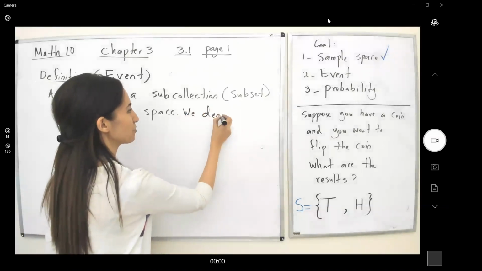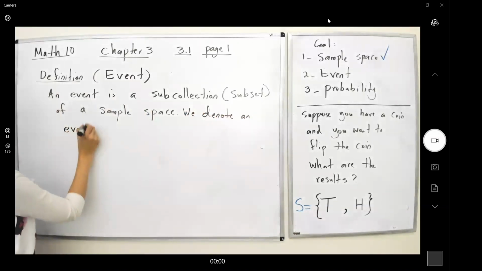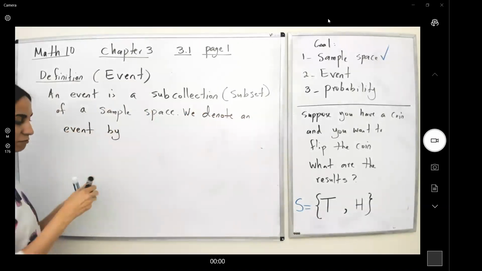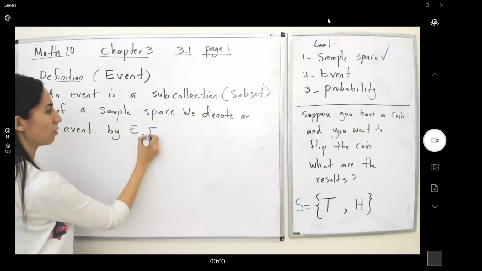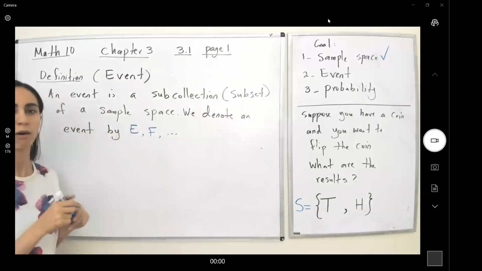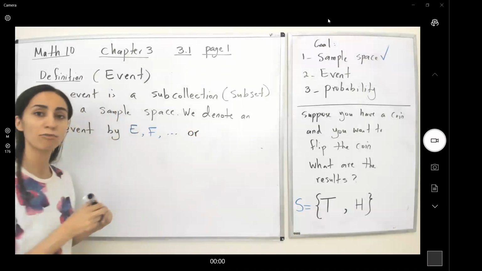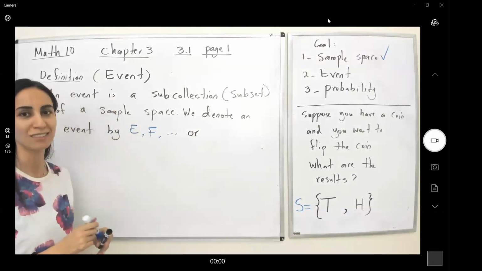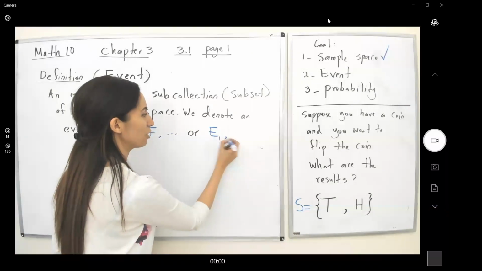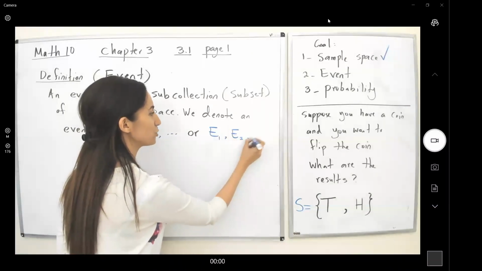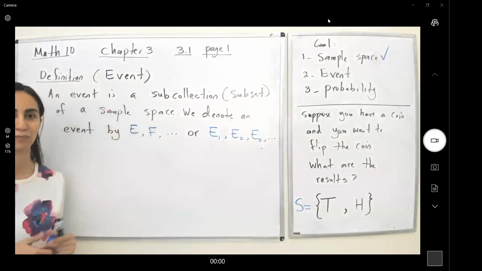We denote an event by, you either list these capital letters E, comma, F, the rest, or you can use indices: E sub 1, E sub 2, E sub 3, and so on.